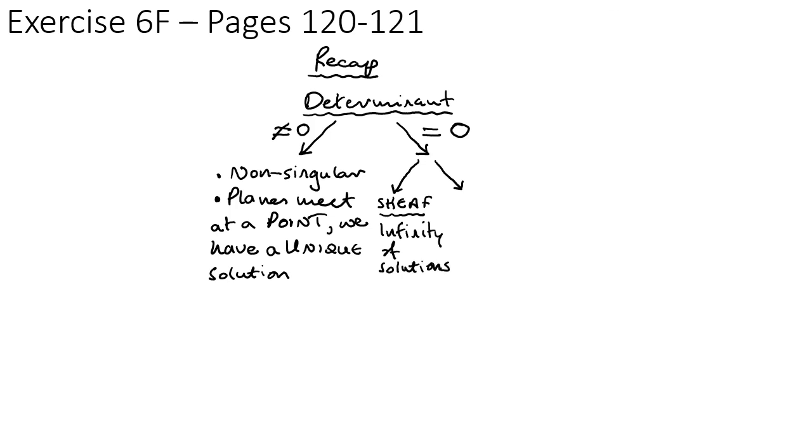That would normally happen when you go about solving your simultaneous equations. You might end up with something like 4x plus 3y equals 7, and then you end up with 12x plus 9y equals 21. So these are like multiples of each other, or you might end up with the same equation. So this is just an example of what you might get.